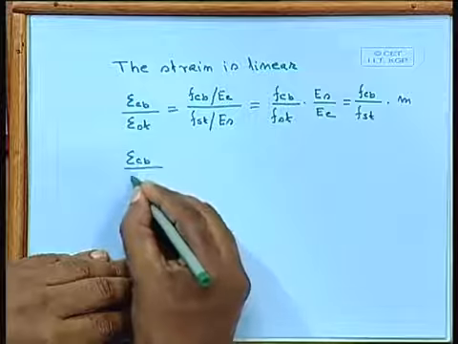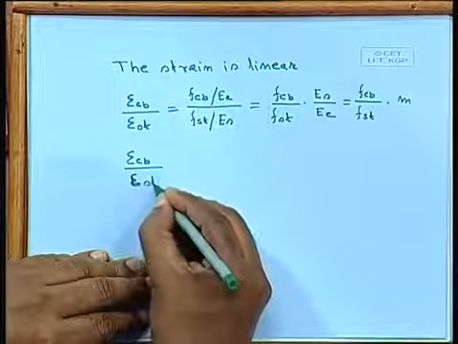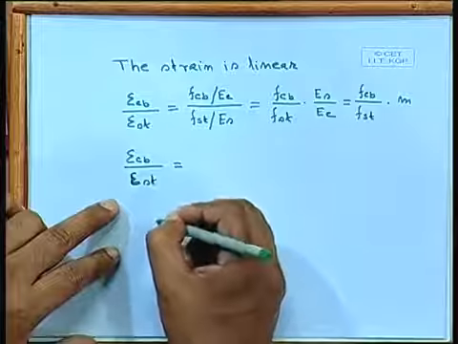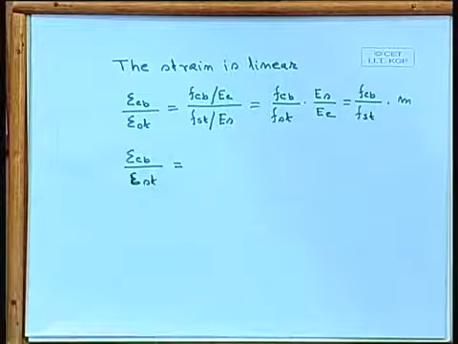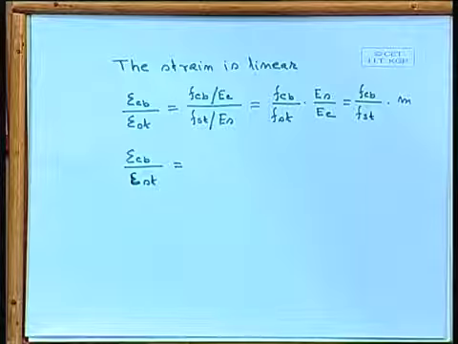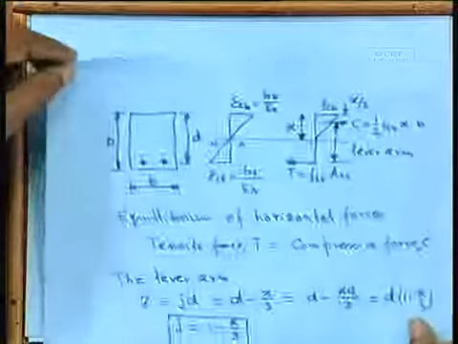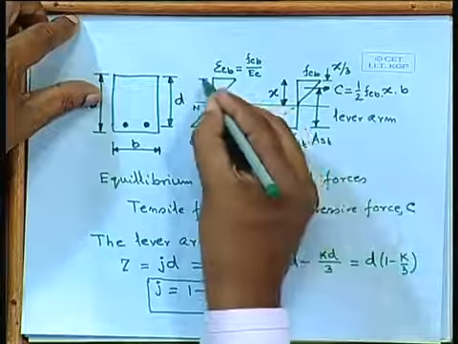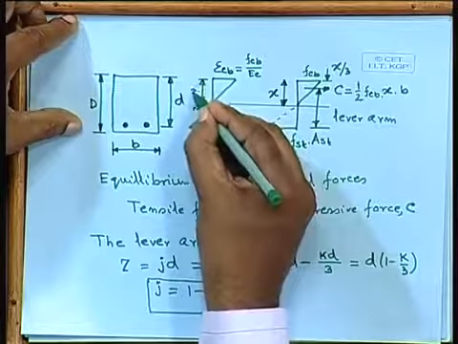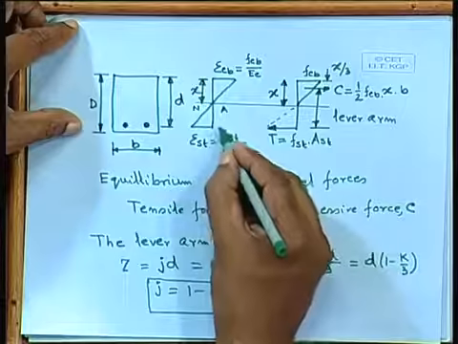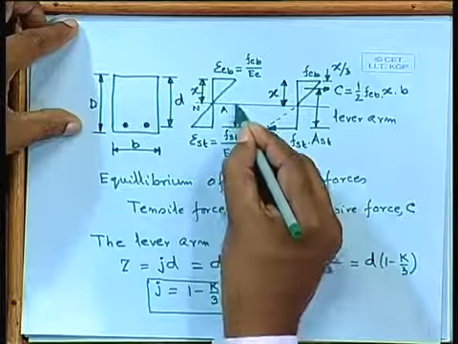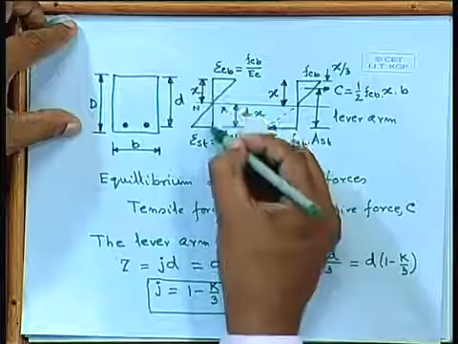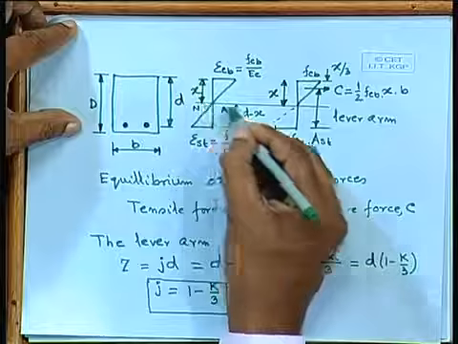Epsilon_cb by epsilon_st is equal to, if we go back and show you here, this is your x, and this part is d minus x, because that is the total depth d, and this one x, and this is d minus x.